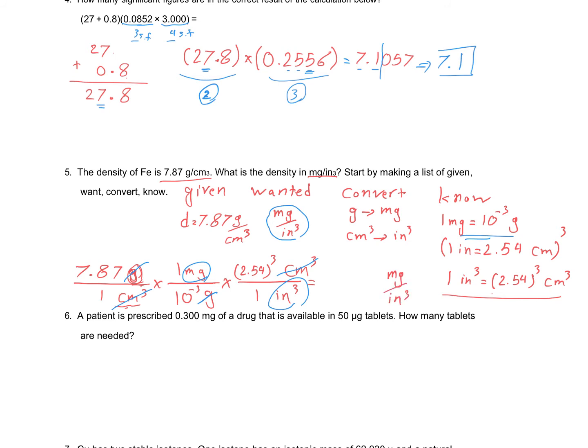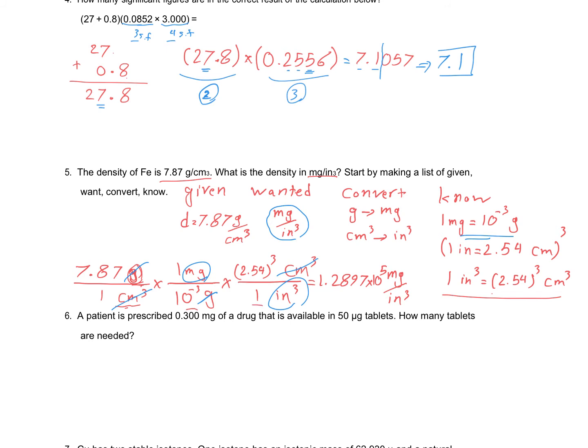The rest is just putting these numbers in the calculator, and if you do so, you will get 1.2897 times 10 to 5. And if you track the sig figs, so these are exact numbers, we do not count for these.